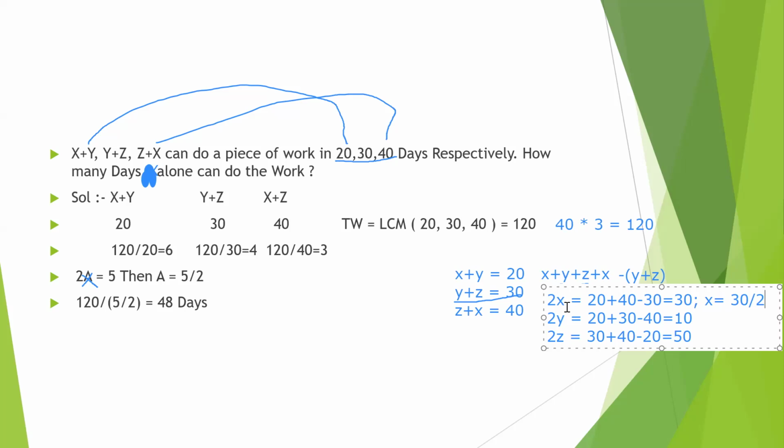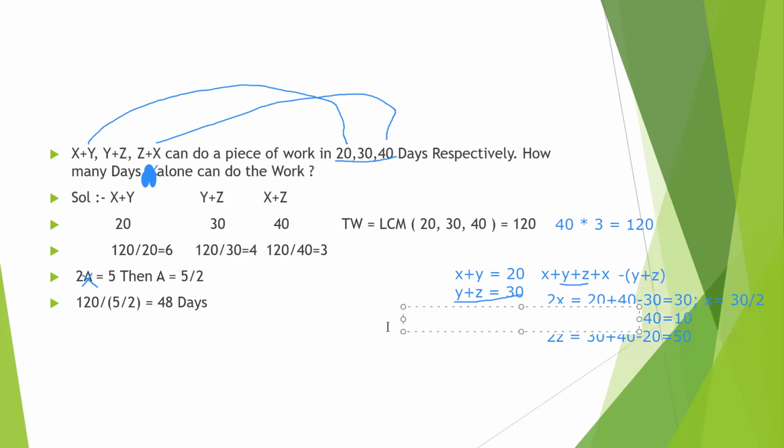So we can write for one day we want to calculate. So for that we can write 2x equal to, here per one day, where the x is present, first one, and here x is present, here x is present, and here x is present. So we have to sum 6 and 3 and subtract 4.